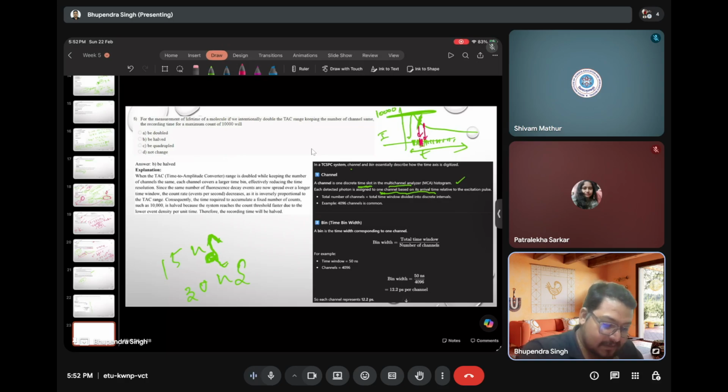So basically one channel is based on its arrival time. Let's say your fluorophore is emitting at this point, so this channel will detect. That is why each detected photon is assigned to one channel based on its arrival time relative to the excitation pulse. Next, the total number of channels equals the total time window divided into discrete intervals.